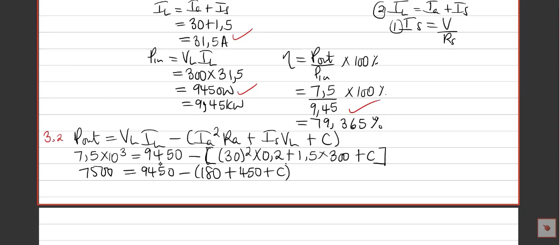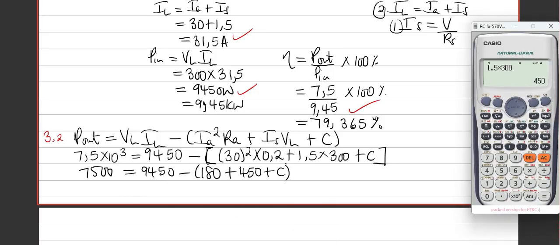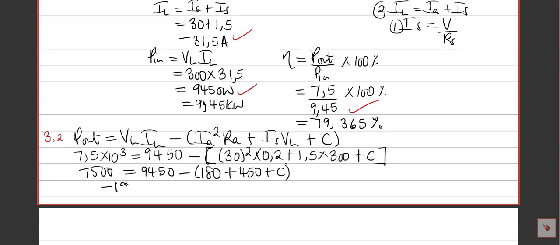You can transpose this value, take it to the other side. If that's the case, we will then have 7,500 minus 9450, which is minus 1950, equals minus, 180 plus 450 plus C. We can divide both sides by a negative sign to get rid of this negative.